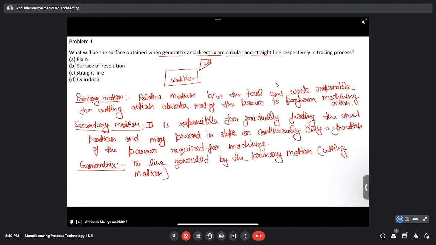Similarly, the other term which has been asked in the question is directrix. What is this? This is the line representing the secondary motion or the feed motion.